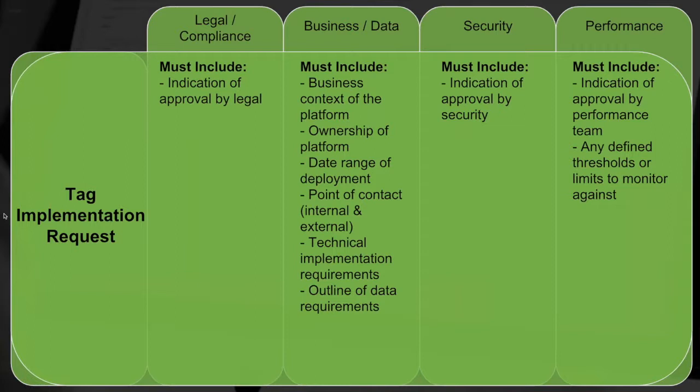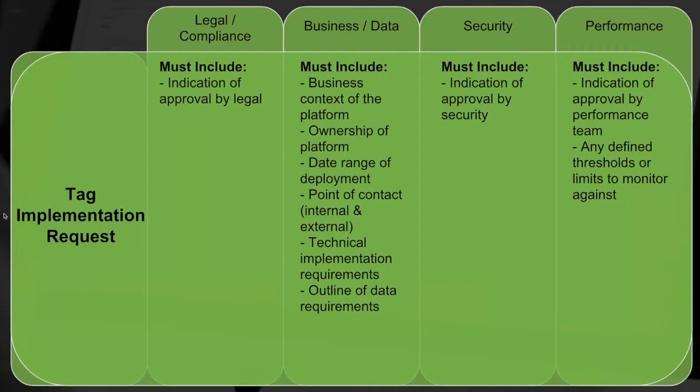There is no active activity with that particular platform, with that vendor, but the script is still there. It's adding to the weight of the page, which can introduce performance concerns. You have implications for data leakage, potential compliance issues, all just because something was forgotten about. There needs to be a date range of deployment for any tag, any pixel that's being implemented on a website.